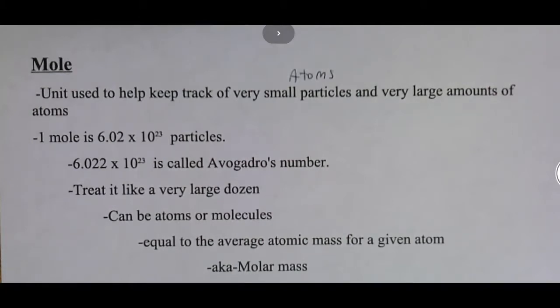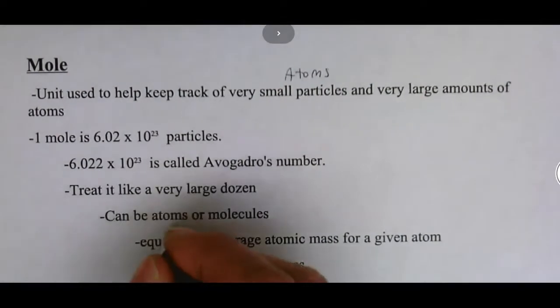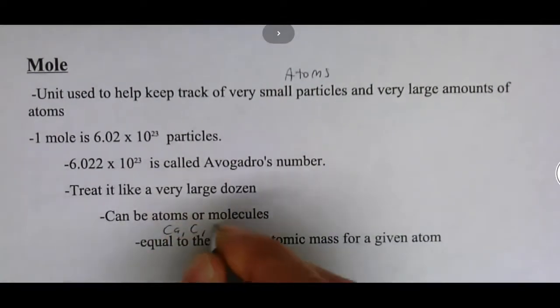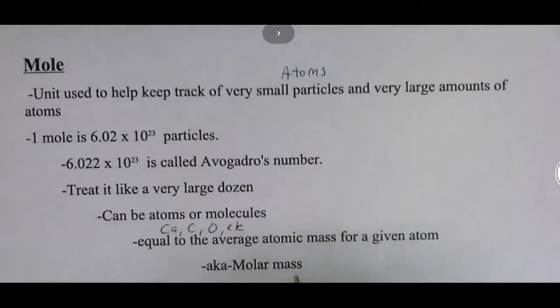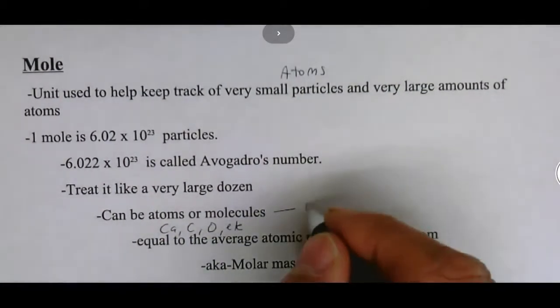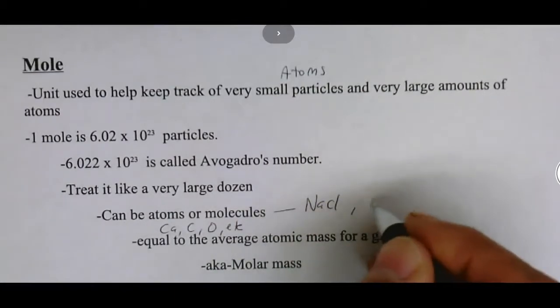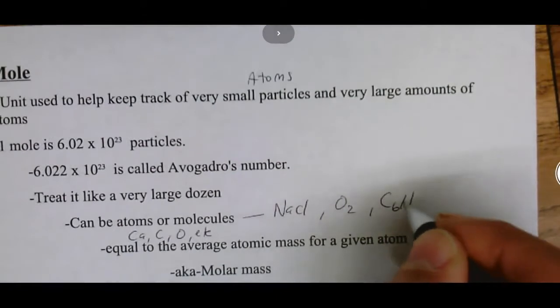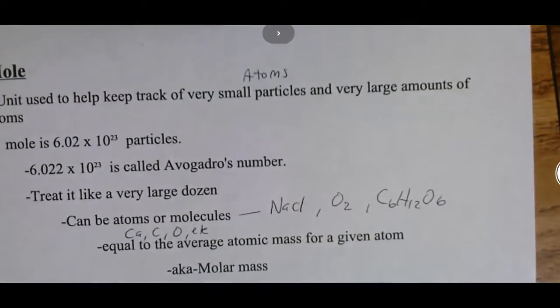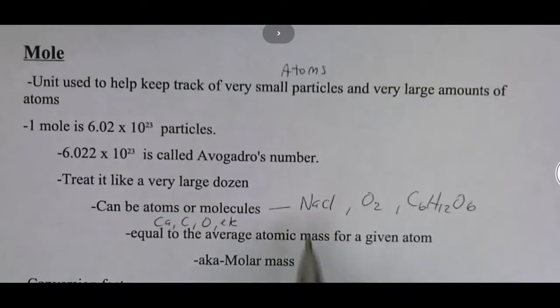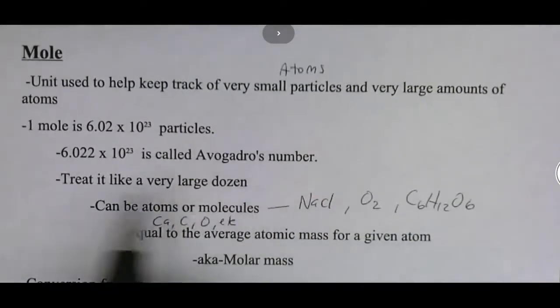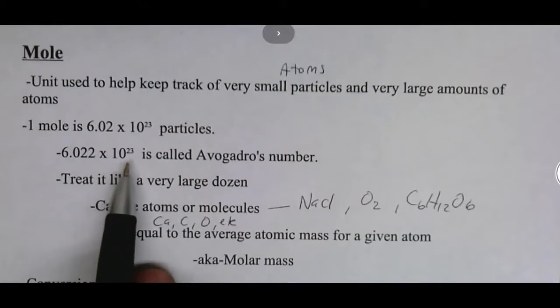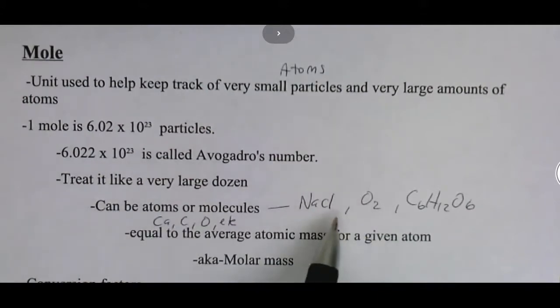The thing also to remember about the mole and this number of particles is that it can be used with a single atom, like calcium, carbon, oxygen, any element or any atom, but it can also be molecules like sodium chloride, O2 gas, or C6H12O6, which is glucose. So if we're talking about a mole of these, there are 6.022 times 10 to the 23rd particles, or atoms, or molecules of NaCl.